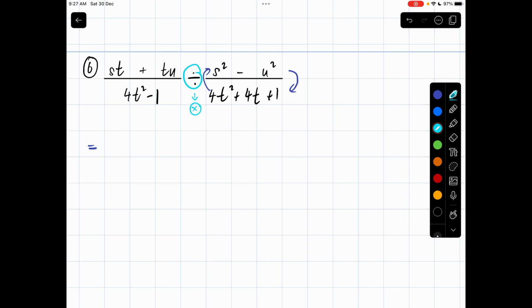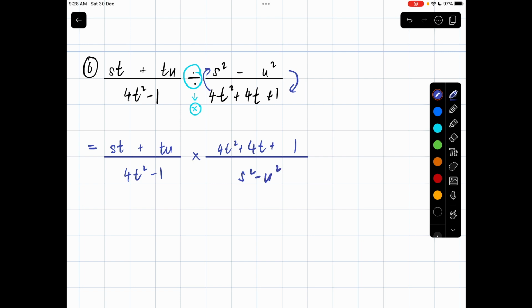Just remember to flip the second term while changing the division symbol to a multiplication symbol. I'm doing that because this is a conceptual understanding that stems from primary school, and I hope that you remember this. 4t squared minus 1 times 4t squared plus 4t plus 1 over s squared minus u squared.